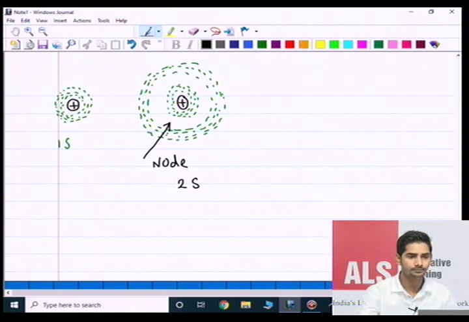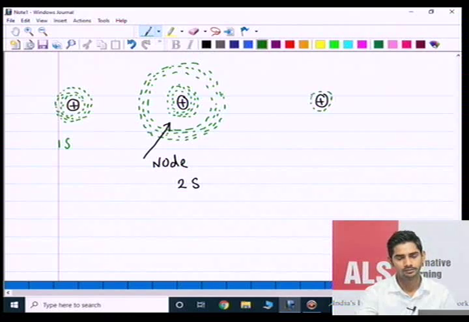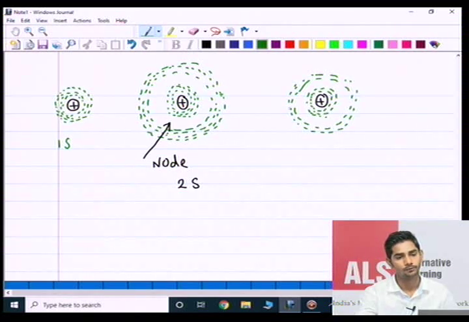If I draw for the 3s, just after the nucleus, I might get the electron. After that, there will be some space. After that, there is a region where we can get the electrons.